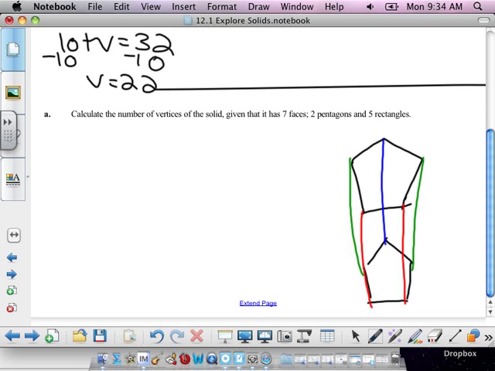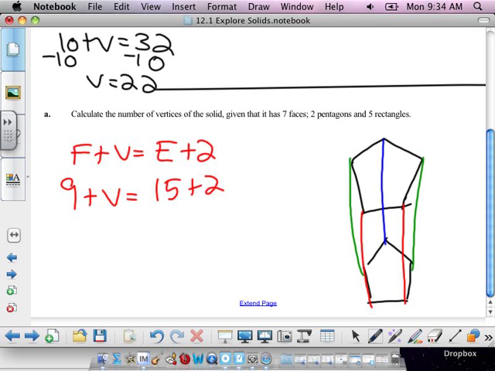Okay. So I know that it is faces plus vertices equals edges plus 2. Let's figure out the edges. So I know I've got 5 on the top and 5 on the bottom. So that gives me 10, 11, 12, 13, 14, 15. 15 edges.